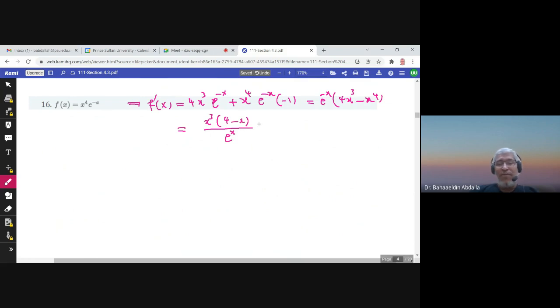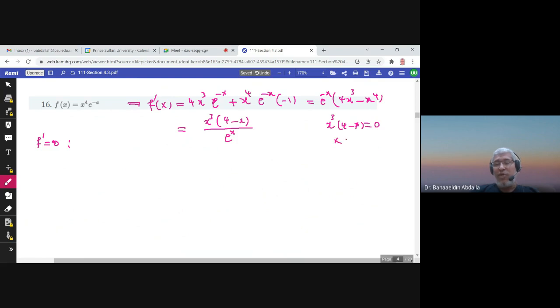So f prime would be 0 if the numerator is 0. So I shouldn't write it like this. x cubed times 4 minus x.